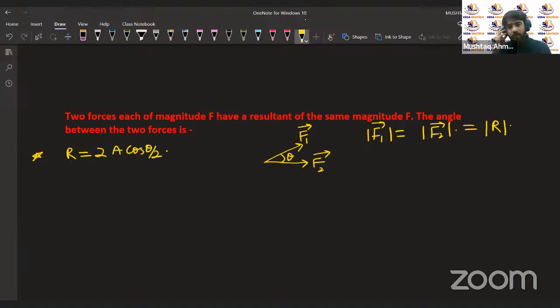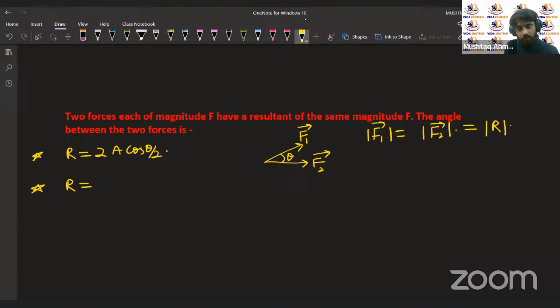And this we have done in the previous class. If both vectors have the same magnitude but are inclined with each other at an angle of theta, then the resultant is equal to 2a cos theta by 2, where a is the magnitude of one of the vectors. So we can directly use this result here.